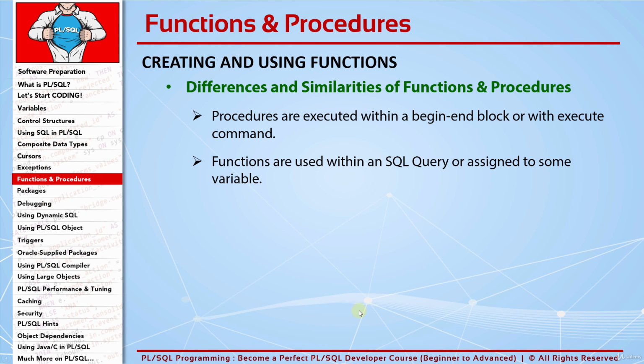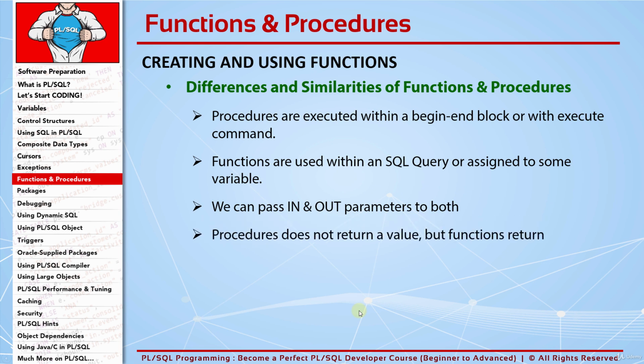On the other hand, we execute functions within an SQL query, or we can assign it to some variable, but we cannot use it standalone. We will see that. We can pass both in and out parameters to both of them, but passing the out parameters to the function is not recommended. Procedures cannot return a value without the out parameter, but functions return one more value with the return clause.